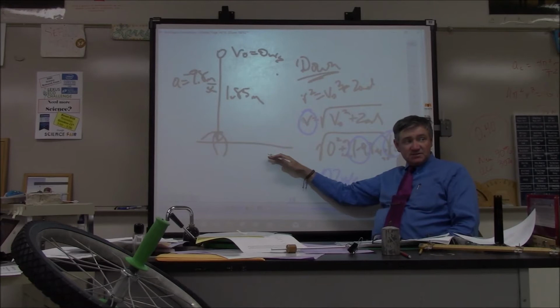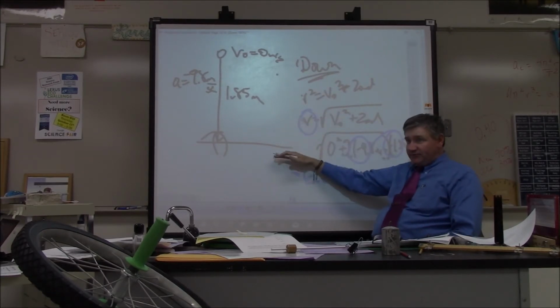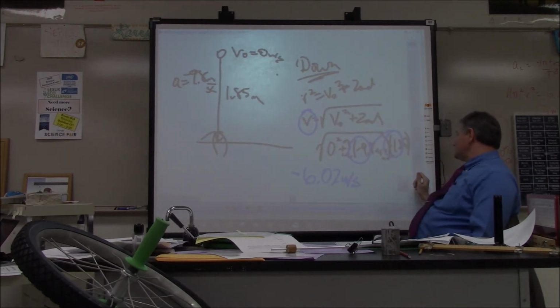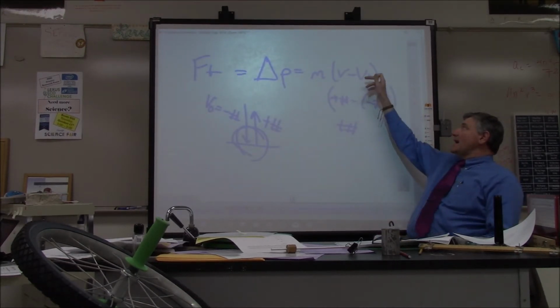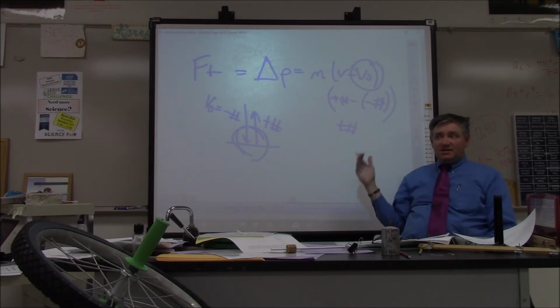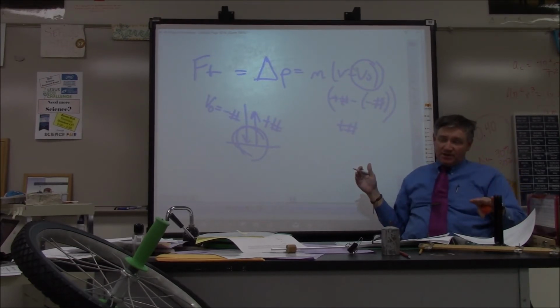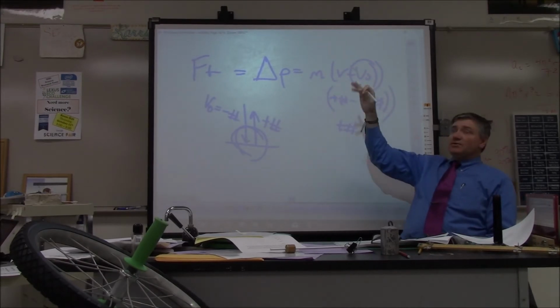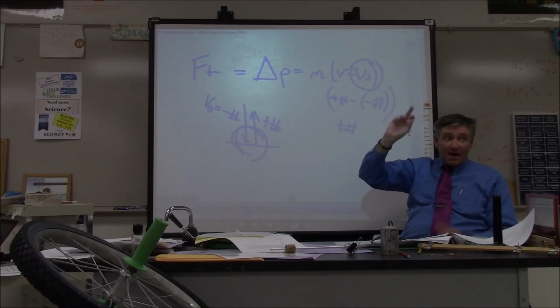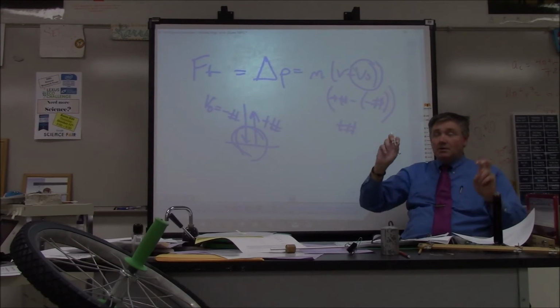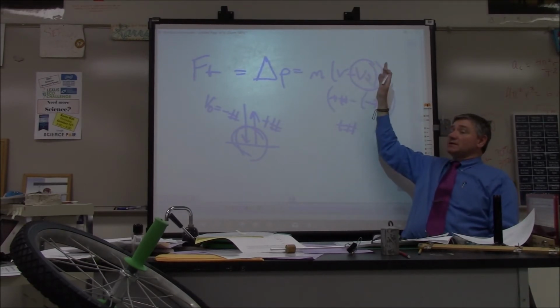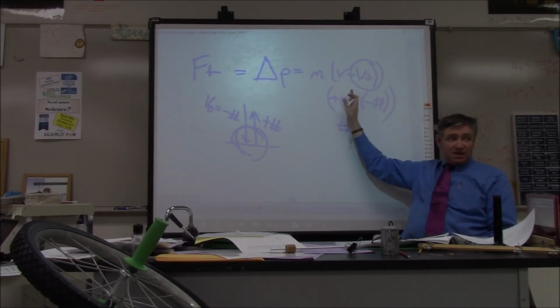But here's where this is tricky. You find V here, right? But in your change in momentum equation, that actually becomes V naught, because that's the velocity that it has when you're looking at that transition. So even though you're finding V out of that equation, it becomes V naught in the change in momentum when the ball was in contact with the floor.